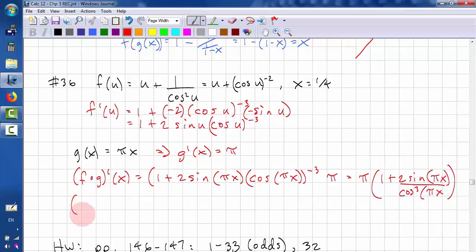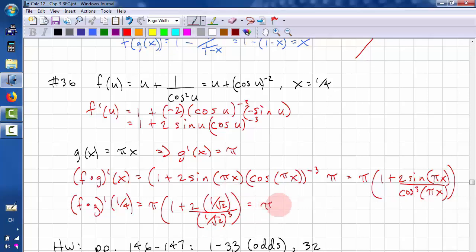Now we're going to substitute our value of x, f of g prime at 1/4. That equals pi times 1 plus 2. Sine pi over 4 is 1 over root 2. And then we're going to have 1 over root 2 cubed.